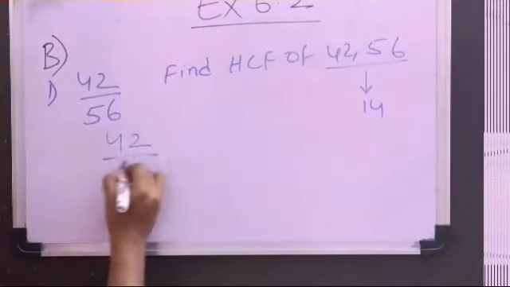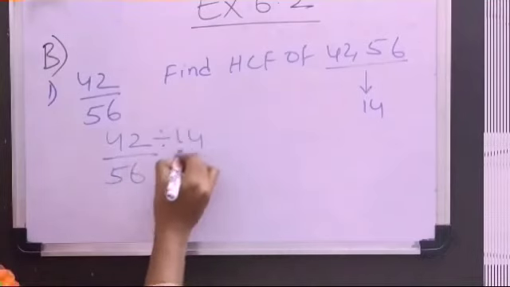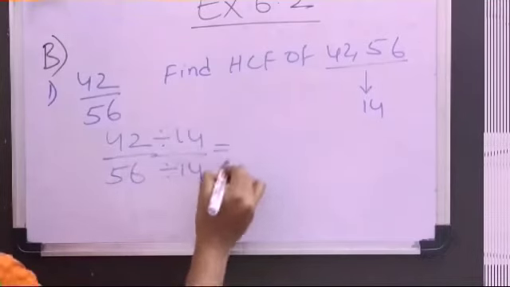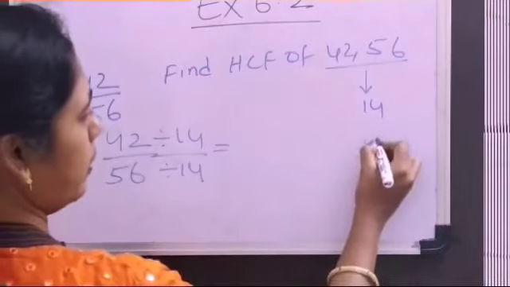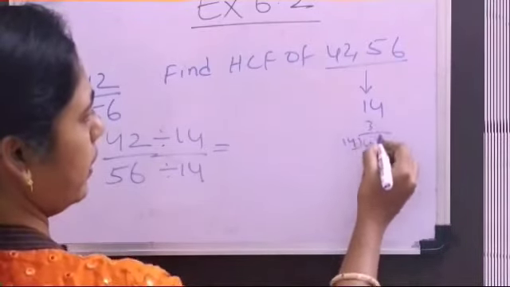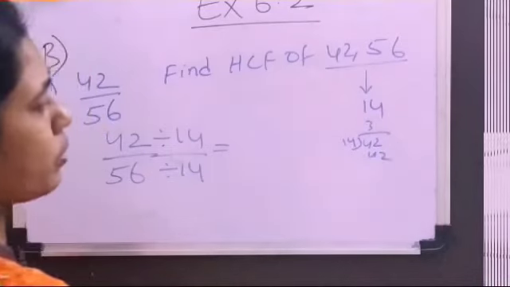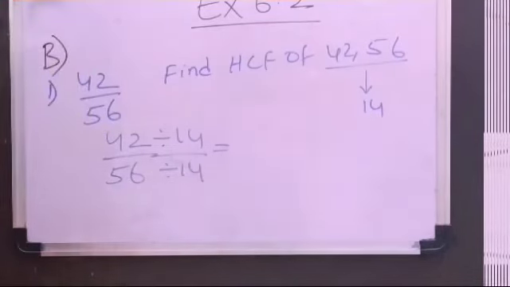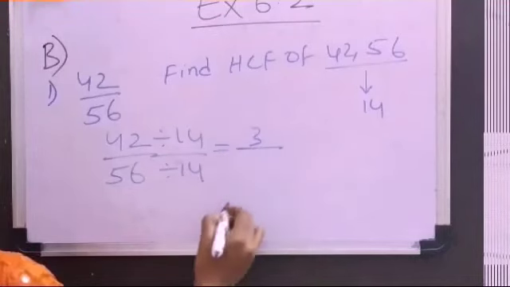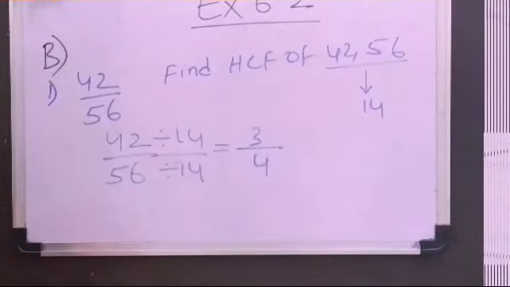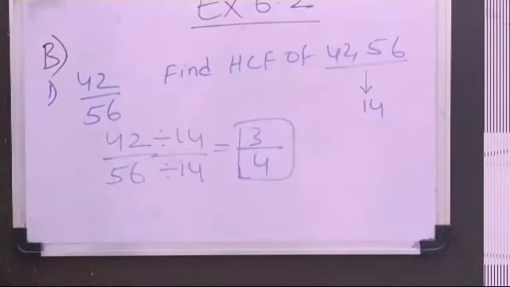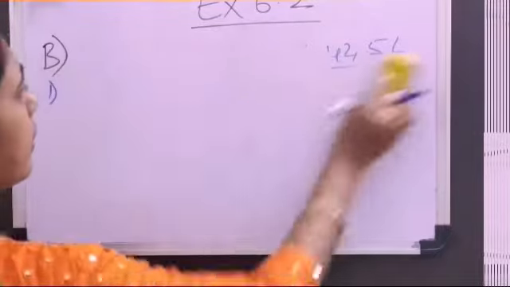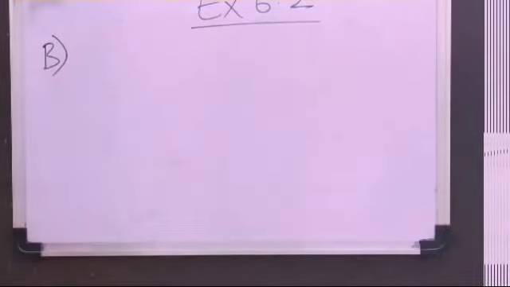So take 42 by 56, divide directly with 14. Suppose you don't remember the 14 table, what you can do? You divide like this: 3 14s are 42. I am telling you in case you forget. So that is 3 by 4. So this is your lowest term of 42 by 56. This is the way you should do.